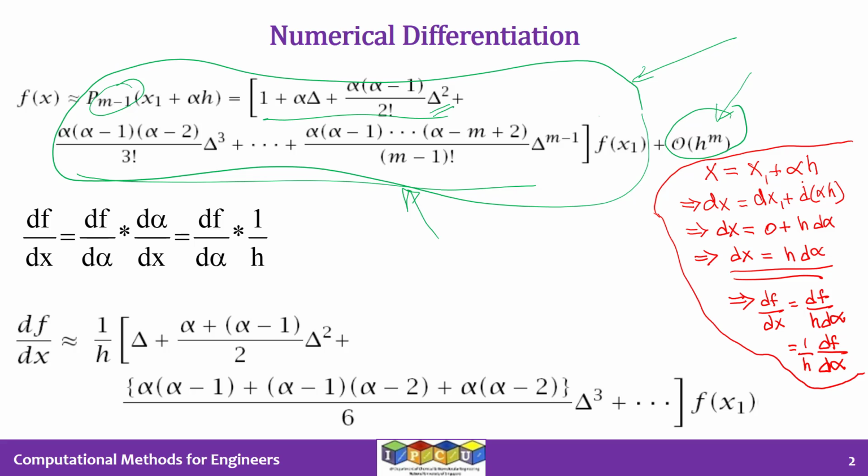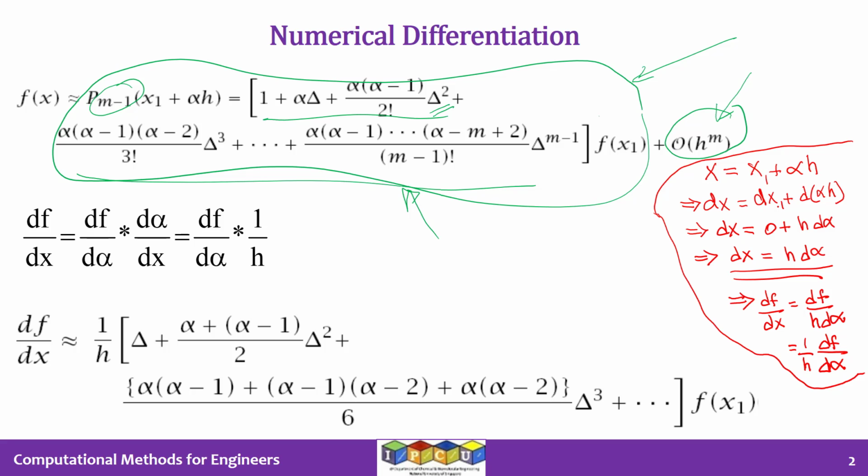And if you take the derivative on both sides, you can get dx is equal to dx1 plus d of alpha h. d is the differential operator. And dx1 is 0 because x1 is a specific number from the data table. So dx1 is 0. And we have also assumed that h is constant.